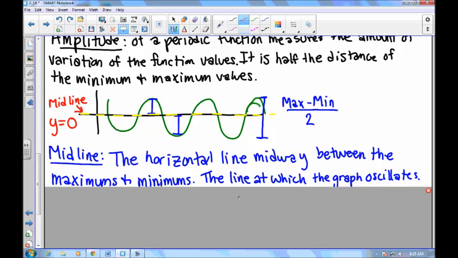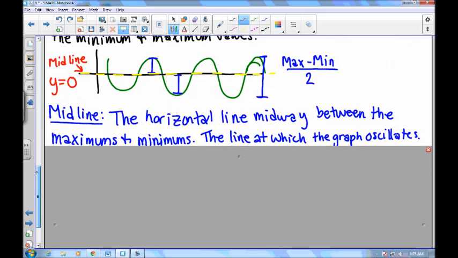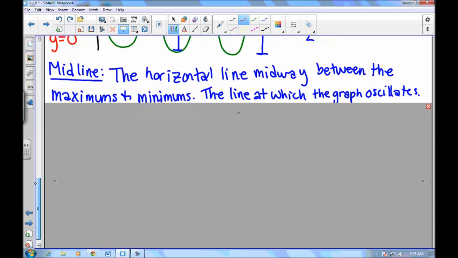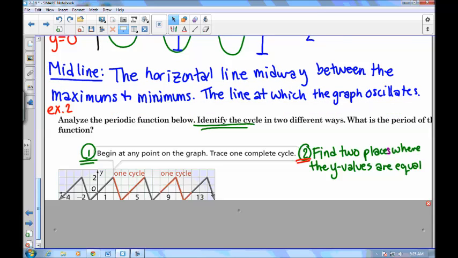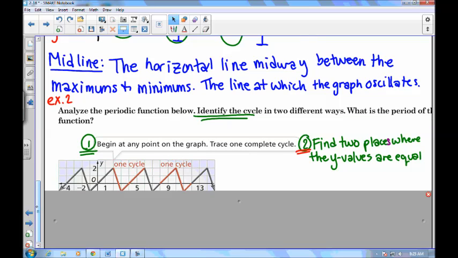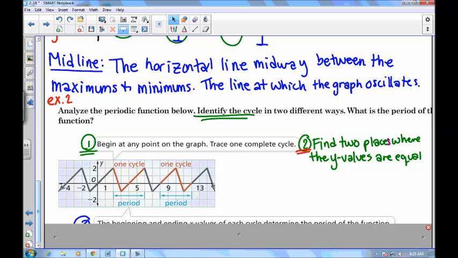Okay, so those are all the vocabulary words you need. Actually, it's not too complicated. We're going to do a couple of practice problems, and you'll see how they're done. It's really not too bad. Okay, so example 2, because our picture is example 1. These directions you will see on your homework, so I need to make sure we explain them. Analyze the periodic function below.